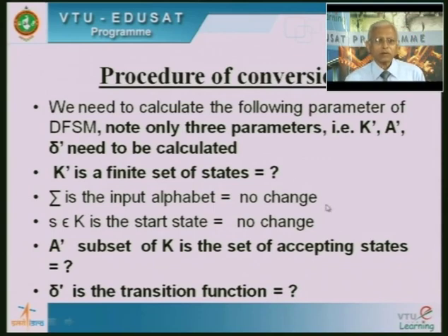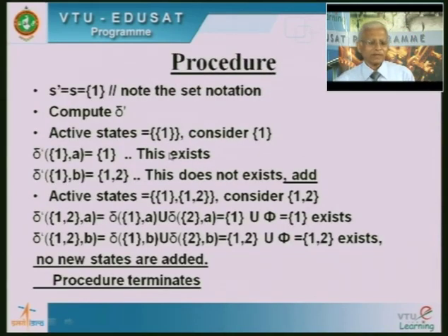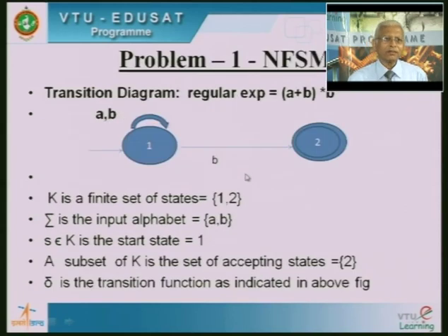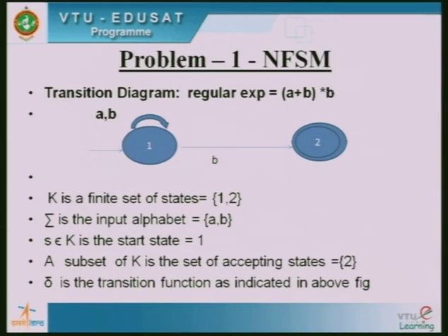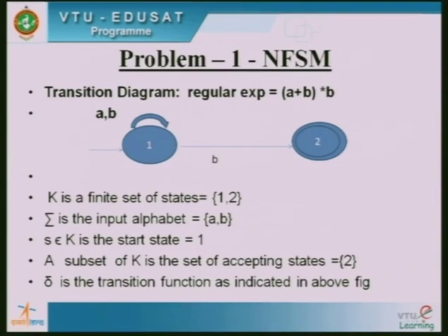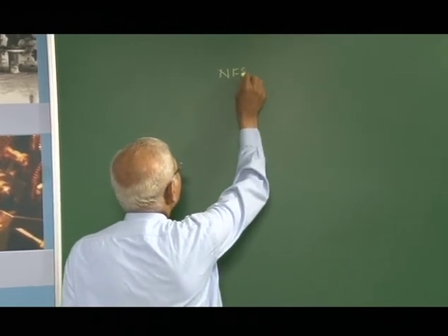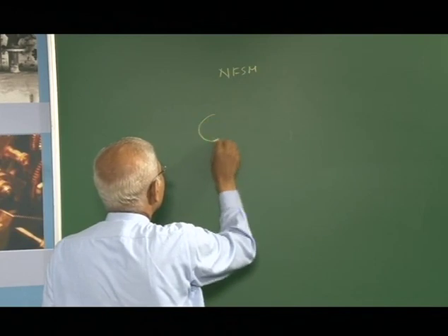Now how to do that? I have taken a simple example. It will probably be very difficult for us to think, so we will have this diagram on the board so that it is easier for us to construct, and I will write this diagram. The NFA, the non-deterministic finite state machine, is like this.